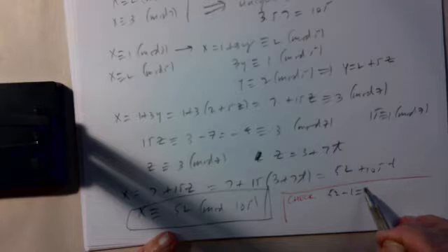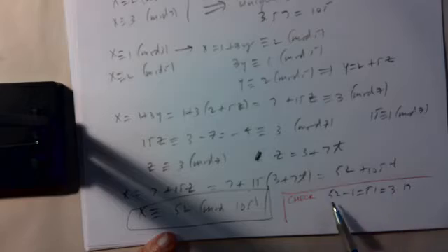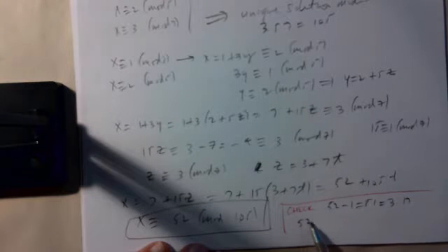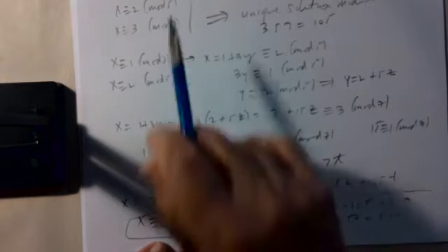52 minus 1 is 51, which is 3 times 17. So 52 is congruent to 1 mod 3. 52 minus 2 is 50, which is 5 times 10.